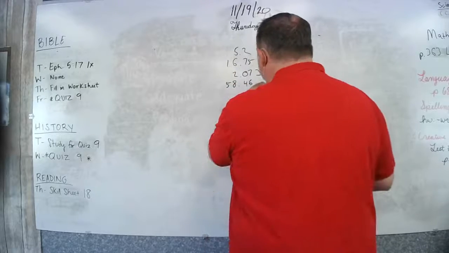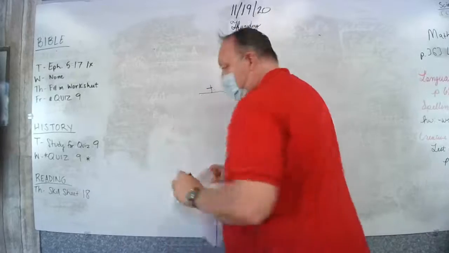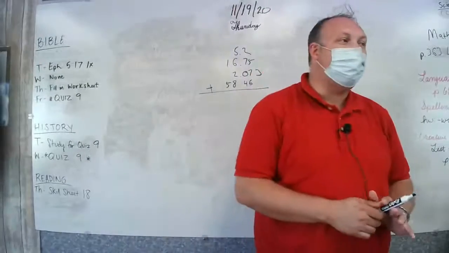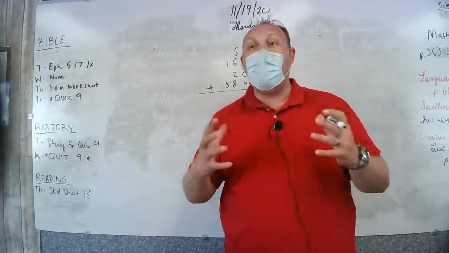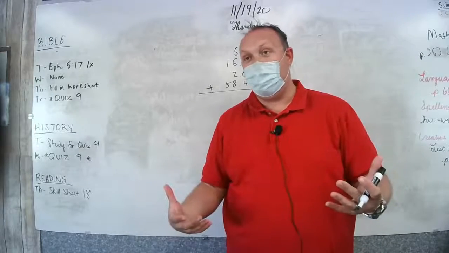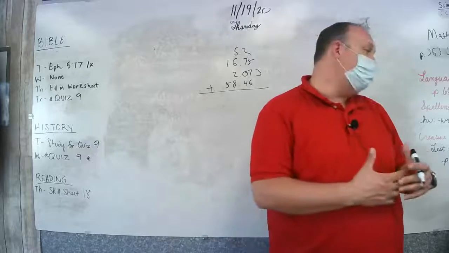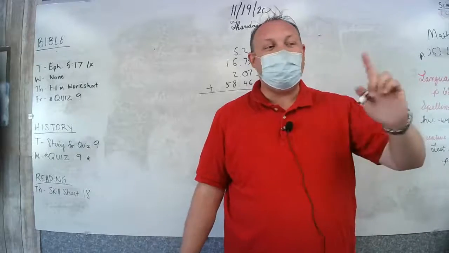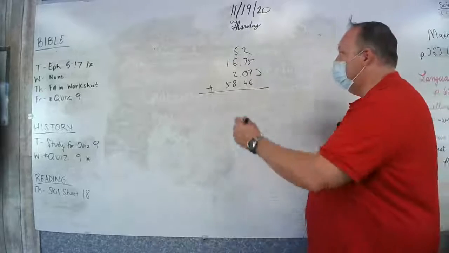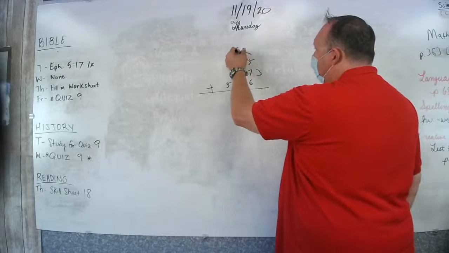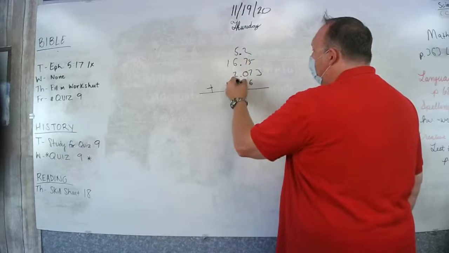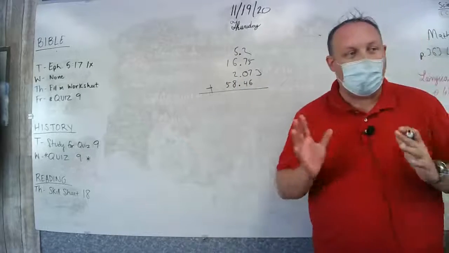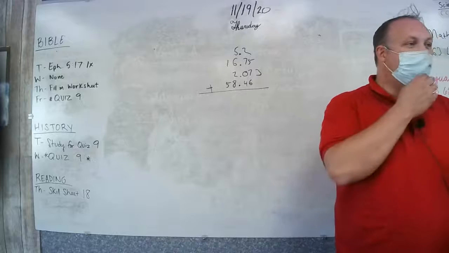Now, when we're adding and subtracting decimals, the most important thing is that we add just like normal, and we subtract just like normal. The key thing to remember, though, is the decimal point. You've got to keep your decimal points all lined up so everything lines up properly.